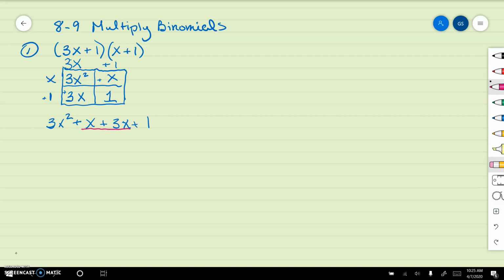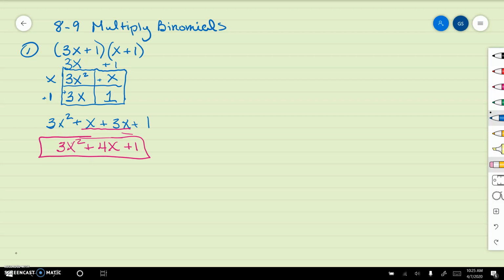And our final answer is going to be 3x squared plus 4x plus 1. Okay? If you didn't get that all down, please pause or go back and listen to it again.